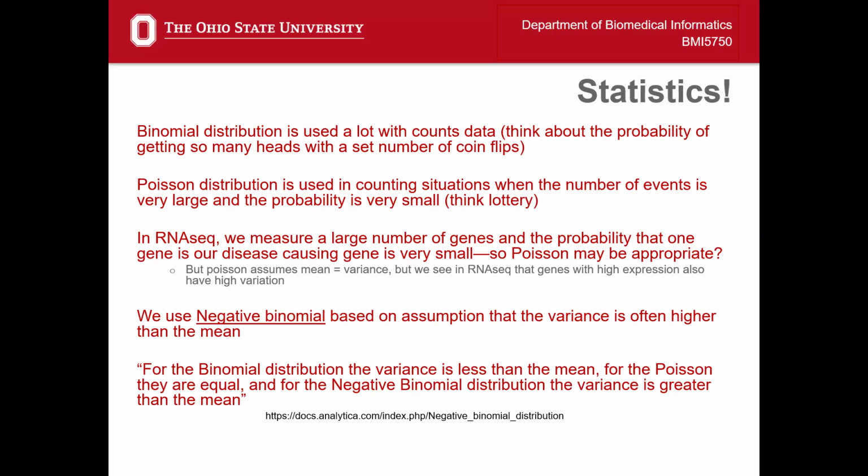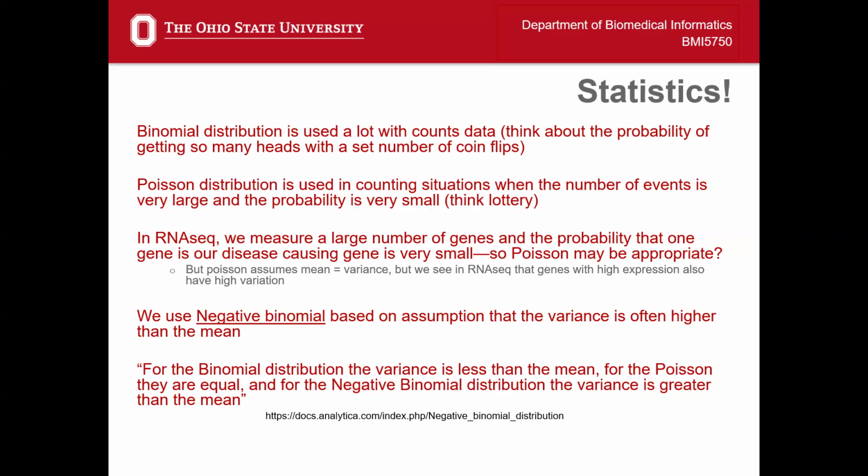So the people who decide statistics and pick the optimal distribution to model this difference have decided that we should use the negative binomial distribution because it allows for instances where the variance gets bigger faster than the mean does.